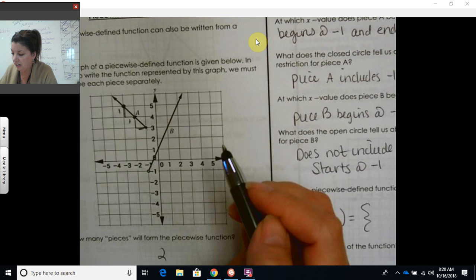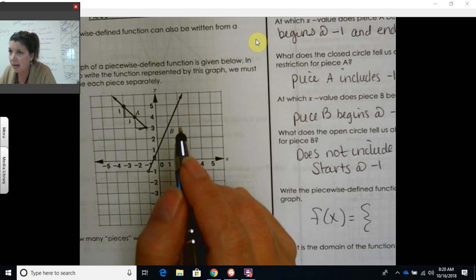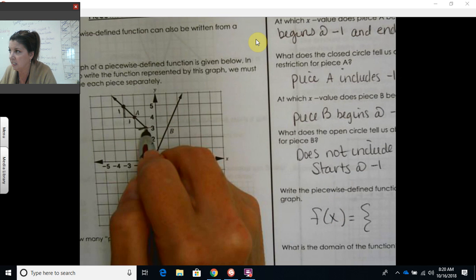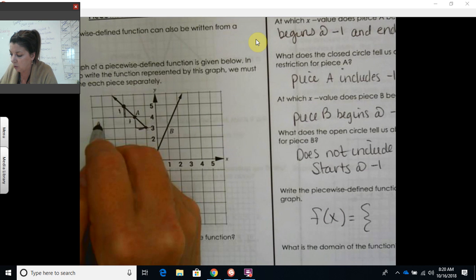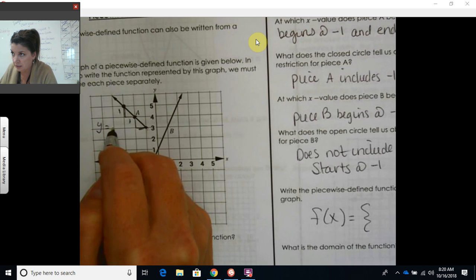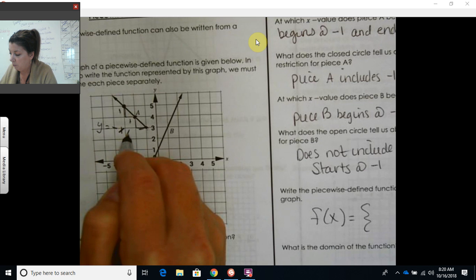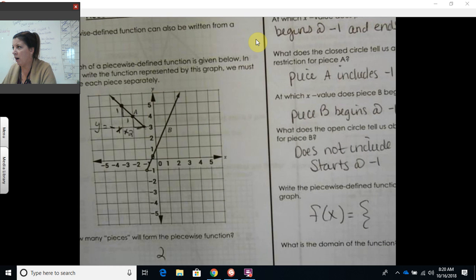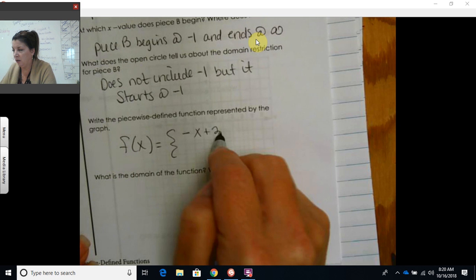It's negative. If it's decreasing, it's negative, right? We don't have a y-intercept, but what would we have if this had continued? 2. So that equation is y equals negative x, because your slope is -1, so negative x plus 2. But when we write the function, we already have the f of x over here, right? So we just have the negative x plus 2, and then we have to define the domain.